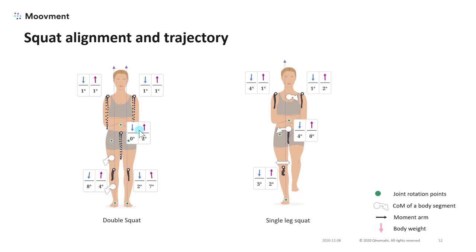The hips are traveling at 0 degrees, 2 degrees, and the shoulders at 1 degree. So we're quite satisfied with the way things are progressing with the upper body. When we look at the single leg squat, you can once again see the quality of the squat here in this very erratic S-shaped curve. So the leg appears to be going inwards and outwards on its journey downwards and upwards.